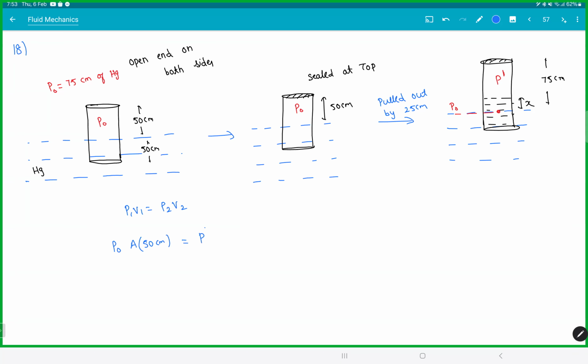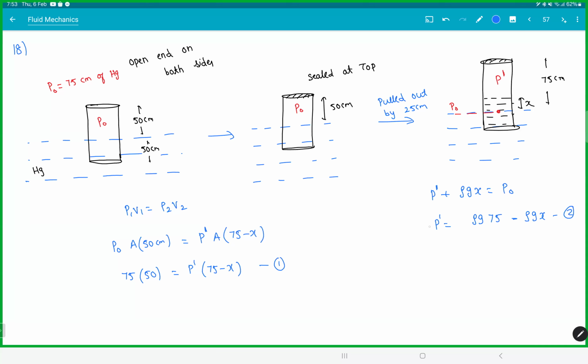This is equation 1. Second thing, you can see from here, P dash plus rho mercury g x is equal to P naught. And what is P dash? P dash is P naught minus rho g x, and P naught is how much again? Rho g 75. That is the meaning of that, everyone. P can be written as rho g. So P dash is rho g 75 minus rho g x.